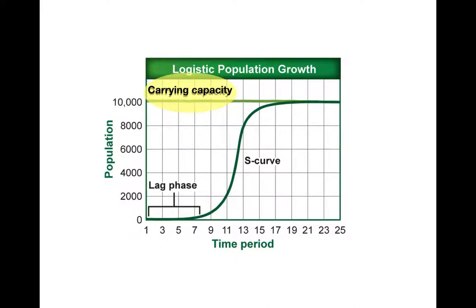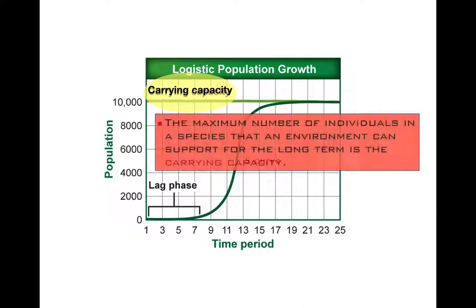So this graph right here, the logistic population graph, shows that. We have an exponential curve, like we've seen before, but now we also have carrying capacity. And that is the line at which the population, as you can see, will then begin to hit another lag phase. So you have the maximum number of individuals that an environment can support.